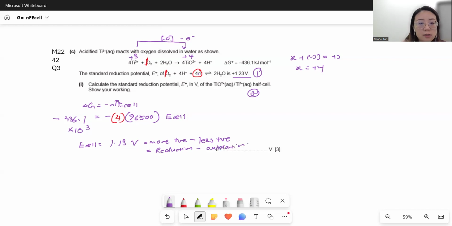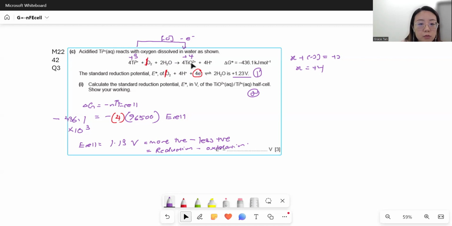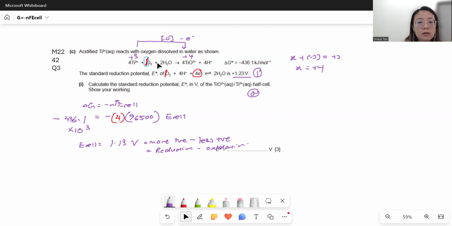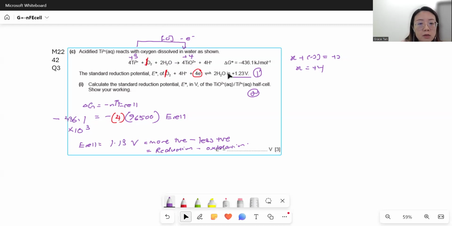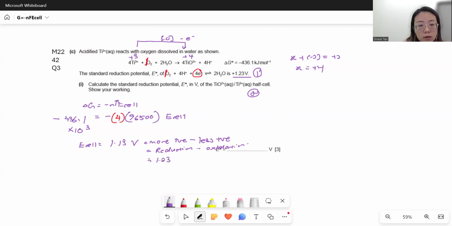Oxygen has undergone reduction because in the balanced equation, oxygen was on the left at 0, and then it becomes -2 on the right. So we can take the 1.23 and put it at the reduction end, minus oxidation. Titanium 3+ was oxidized to titanium 4+ over here.